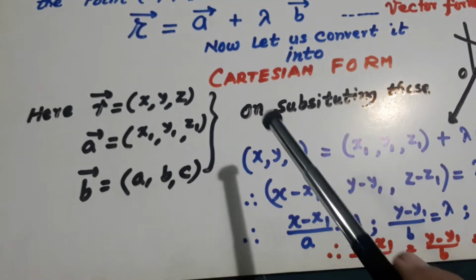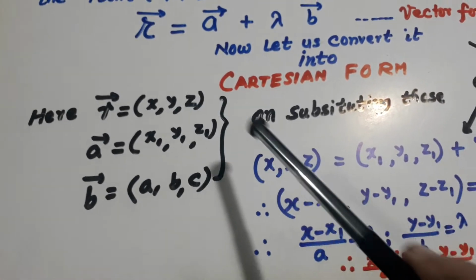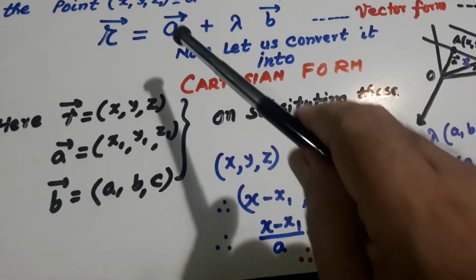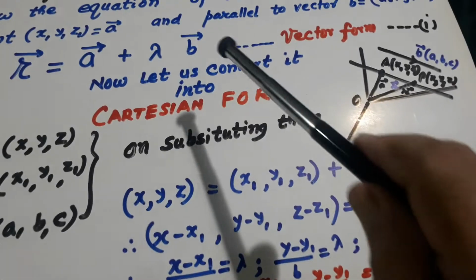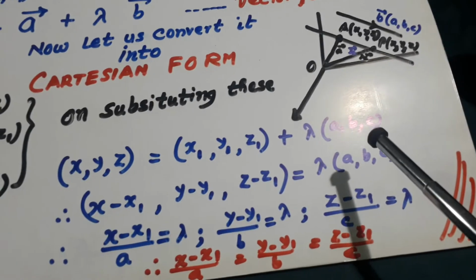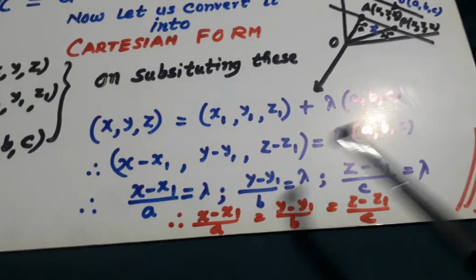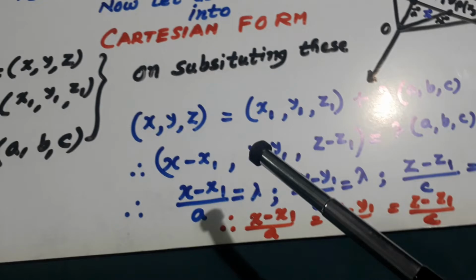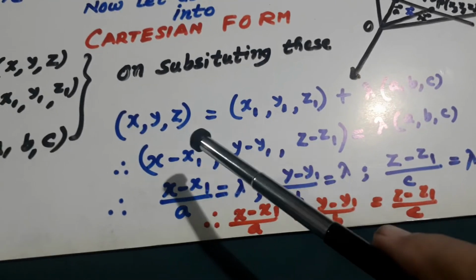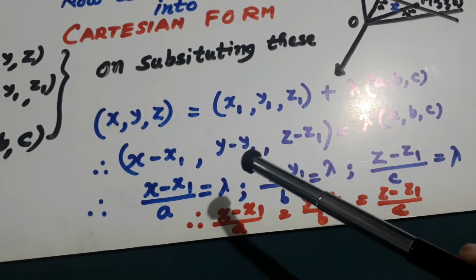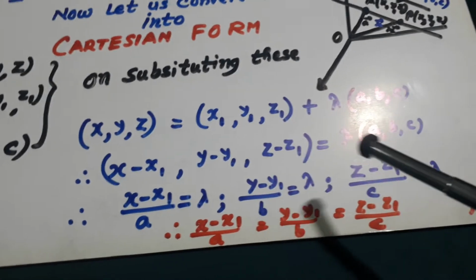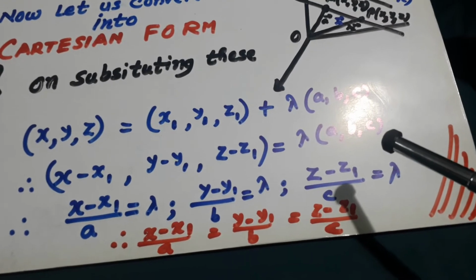R की value यहाँ लगा दो. R is x, y, z. A is your x1, y1, z1. And B is your ABC. So, find the value of lambda. Firstly, take this on this side. It becomes x minus x1, comma y minus y1, comma z minus z1 is equal to lambda ABC.